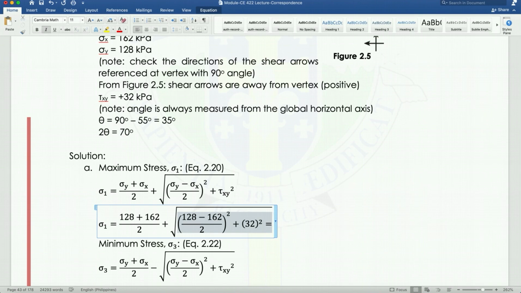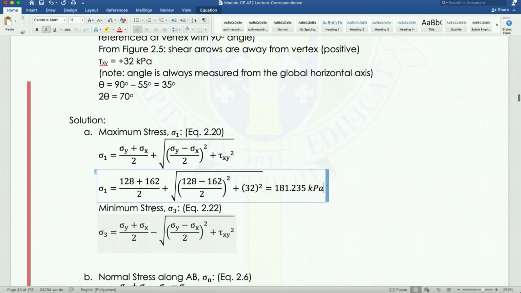And that is equivalent to 181.235 kilopascals.